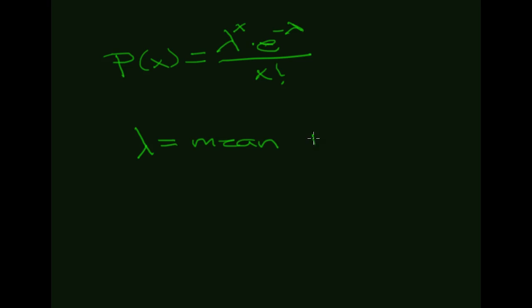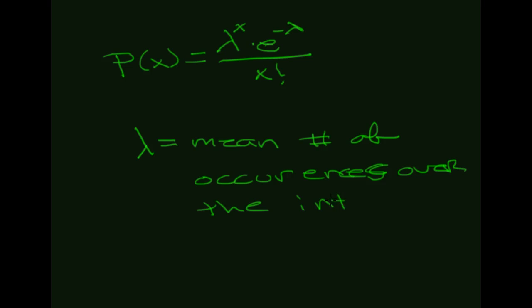So we will know that, on average, 3 trains come to the station in an hour, or on average, he gets 3 hits per ball game, or on average, she scores 2 goals per soccer game.